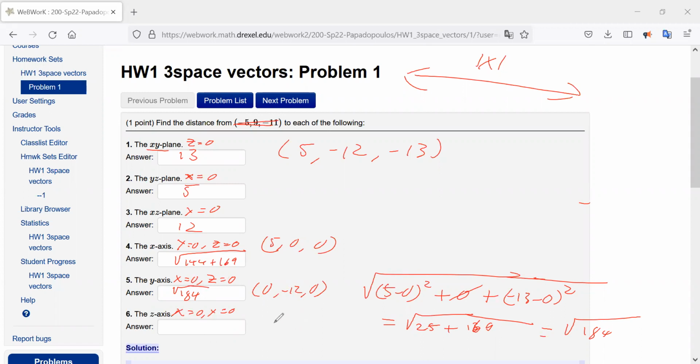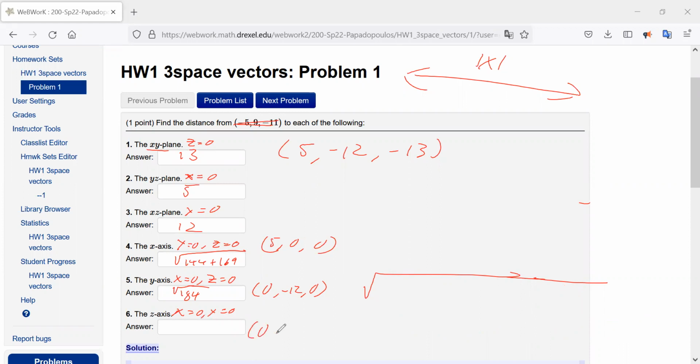This last one will actually simplify pretty nicely. x is going to be equal to 0 again. So we get 0, 0, -13 as the point that is on this axis and is going to be closest to our given point.